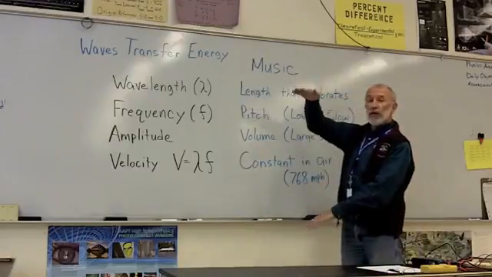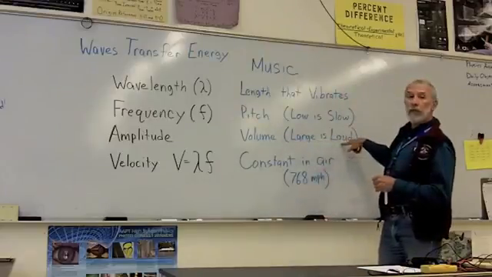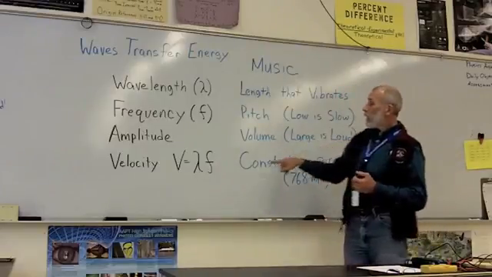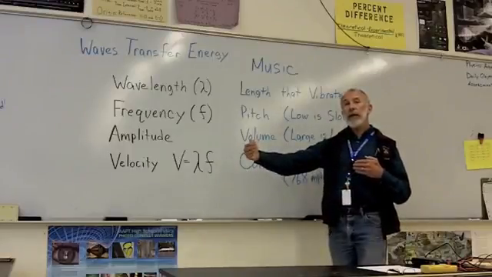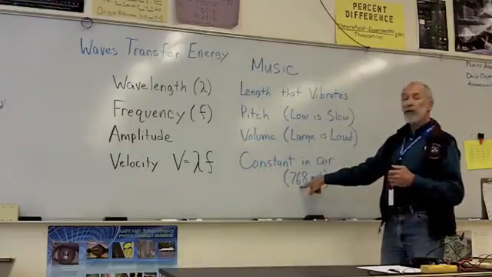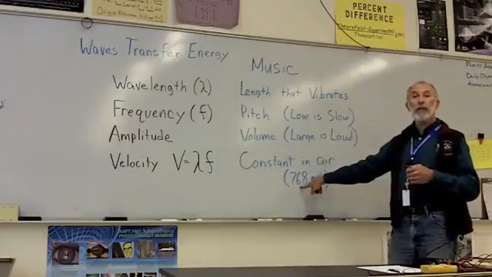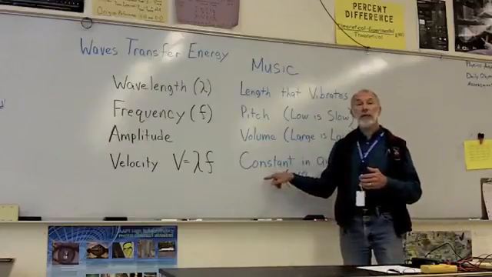The wave is much higher. It has a bigger amplitude. Large is loud. In velocity, the speed of sound in air is constant. And it happens to be around 768 miles per hour, depending on temperature and humidity. That's how these relate to music.